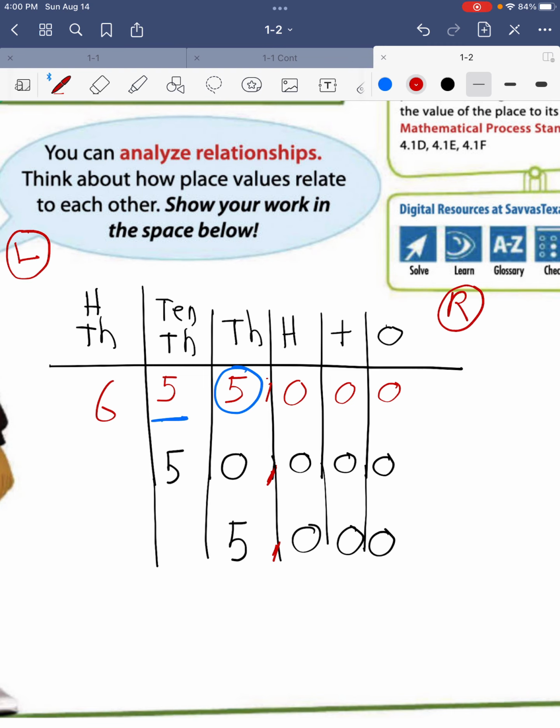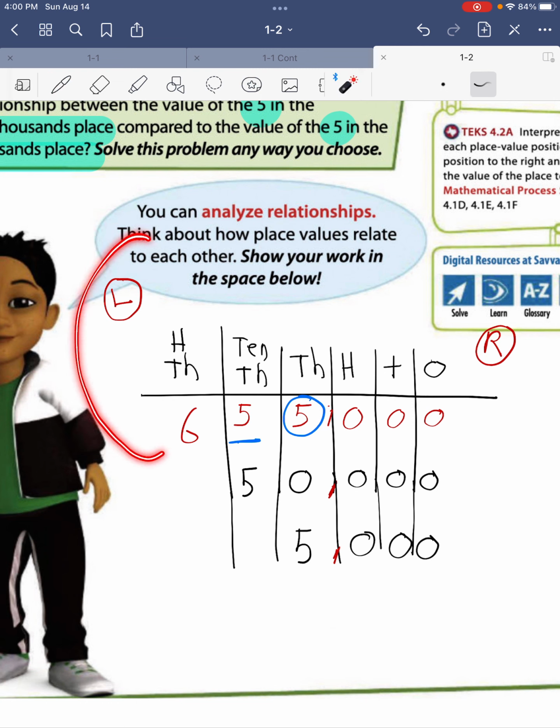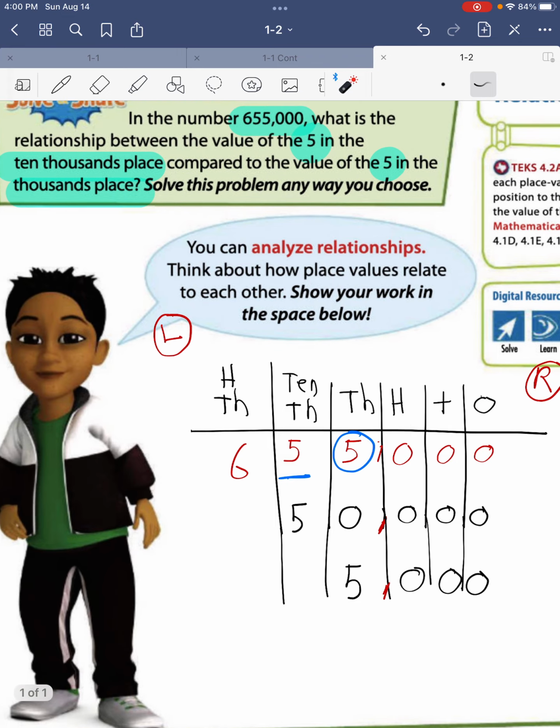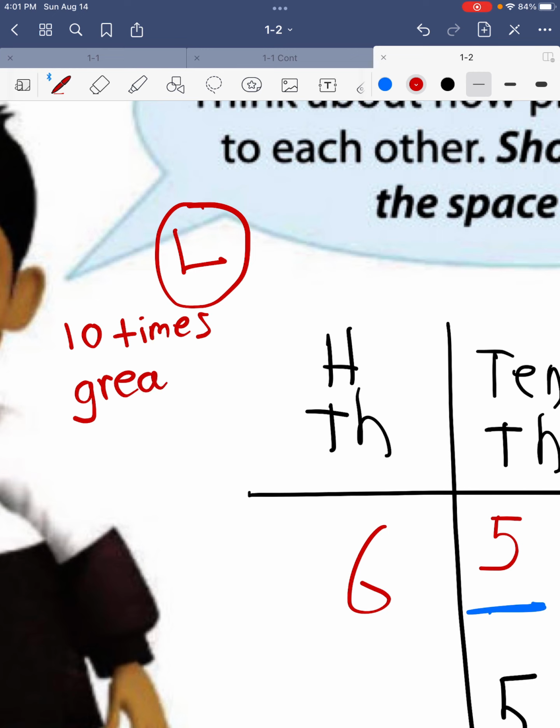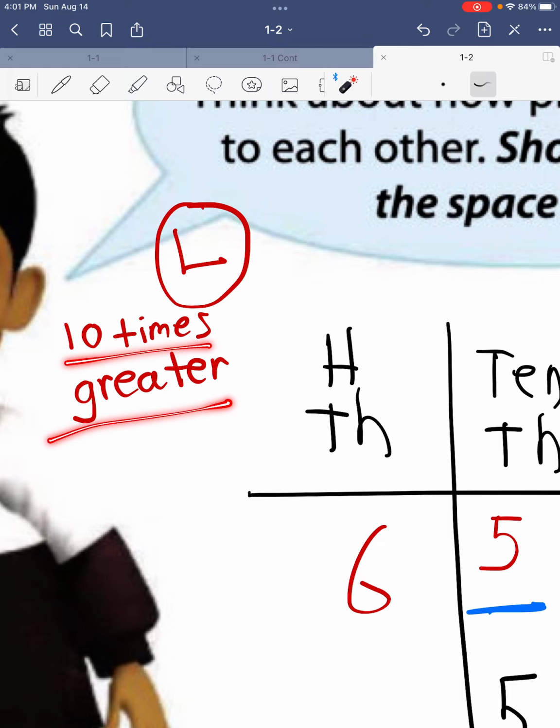Okay, this is my left side, and this is my right side. My left side is going to be known as 10 times greater. So anything that's on the left side is always going to be 10 times greater.